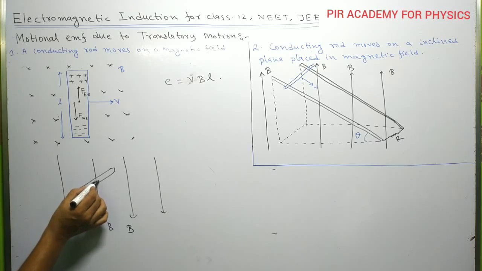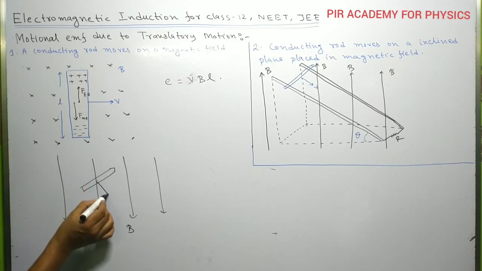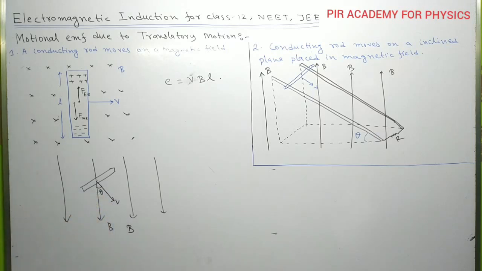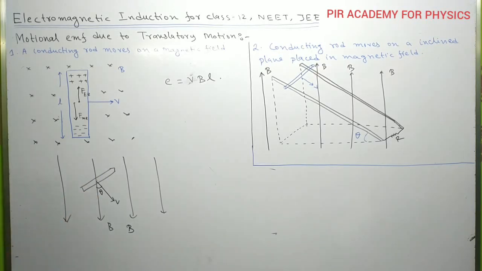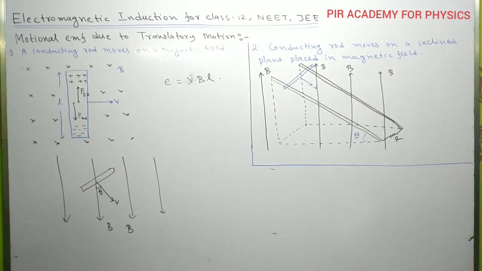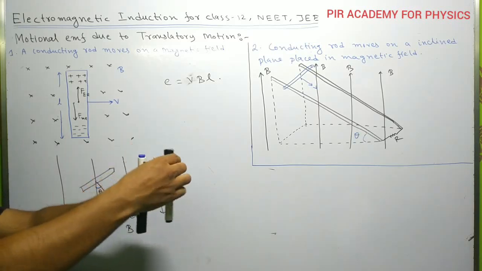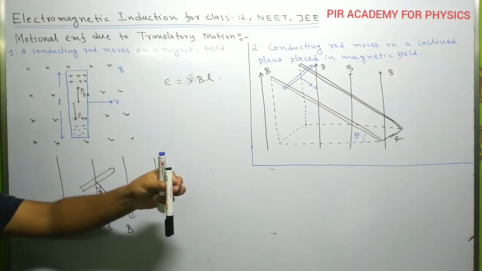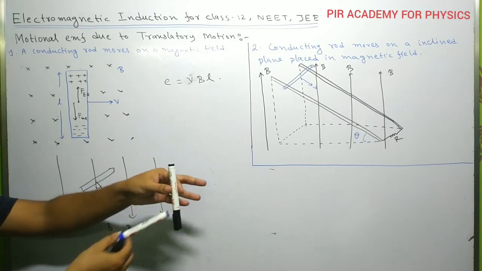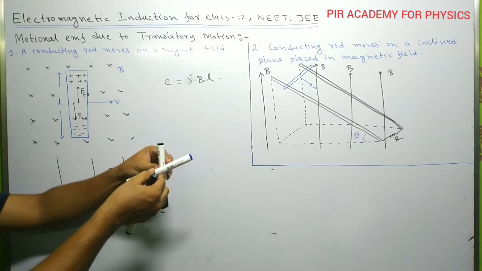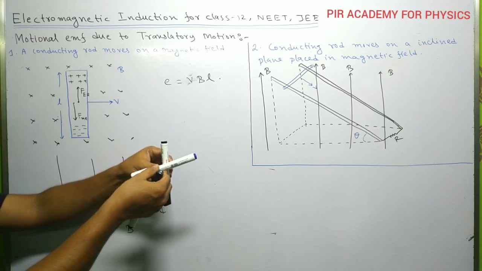This conductor moves along this direction. That means there is an angle theta between the magnetic field and the velocity of the conductor. In this way, suppose this is the direction of magnetic field and this conductor is moving in this way.